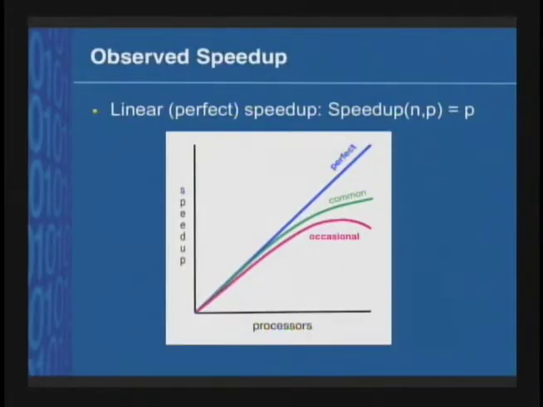The green line represents what you commonly get. Even if you're doing a pretty good job, you'll often find that your speed up looks like the green. We'll come back to why it would look like that. And occasionally you're going to get the red.